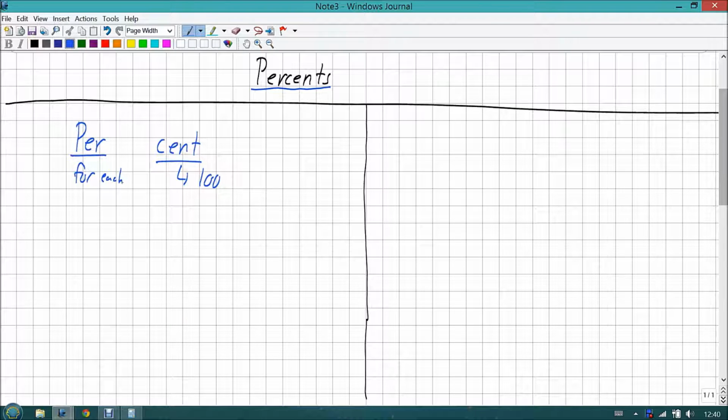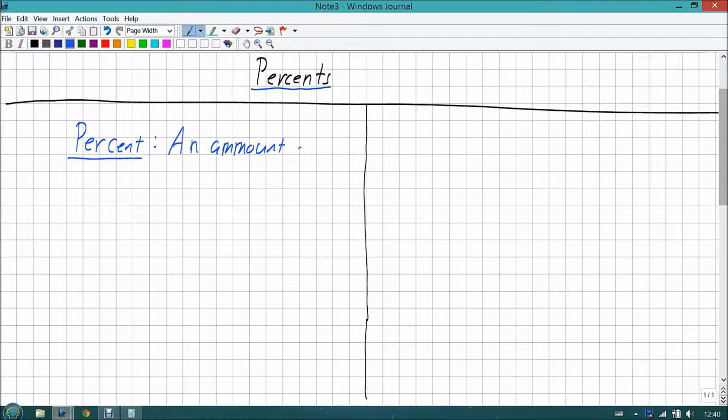So basically it's saying for each 100. A percent is a ratio per 100. I'm going to call it an amount per 100.